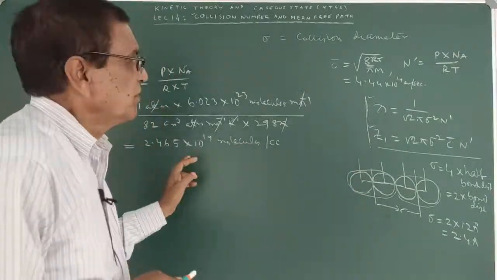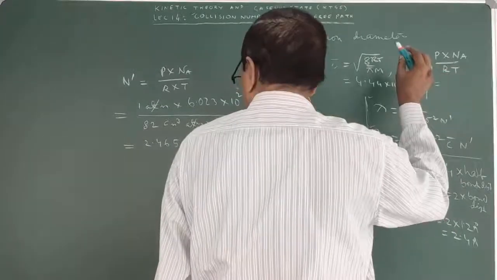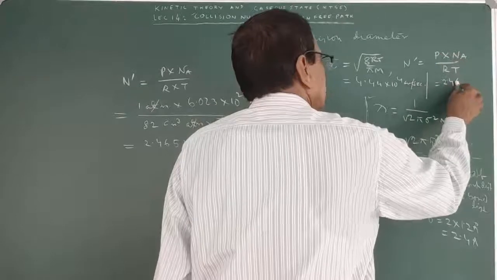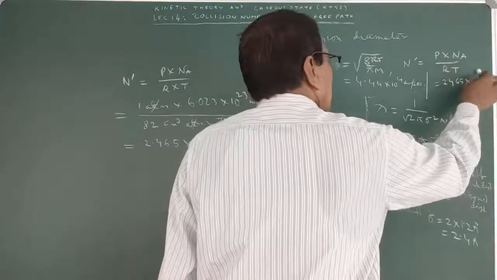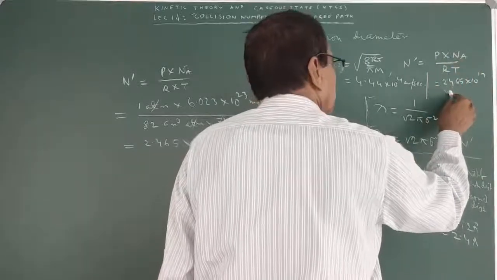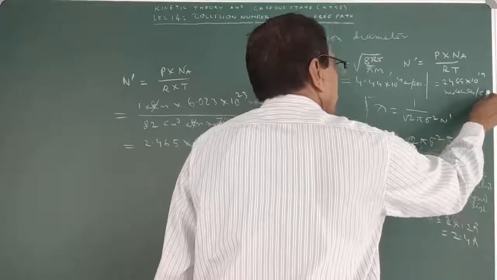So this is also very high. So here also n dash we can write as 2.465 into 10 to the power 19 molecules per cc.